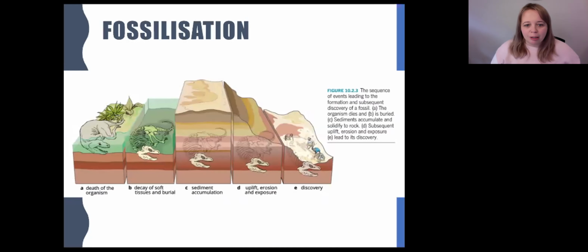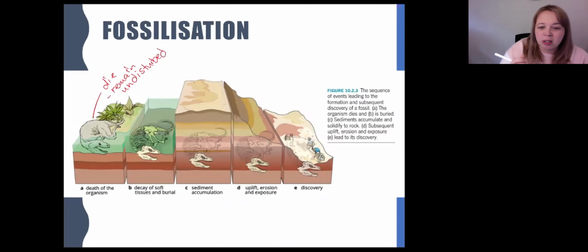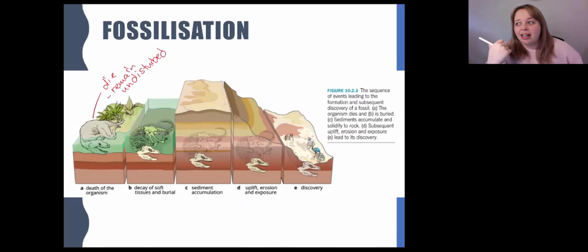So you have this image, but you need to be able to describe the process of fossilization. So to begin with, the animal has to die, and it has to remain undisturbed. This is a really big part to it. So once your animal dies and it remains undisturbed, so it doesn't get eaten, it doesn't get blown away by the wind.